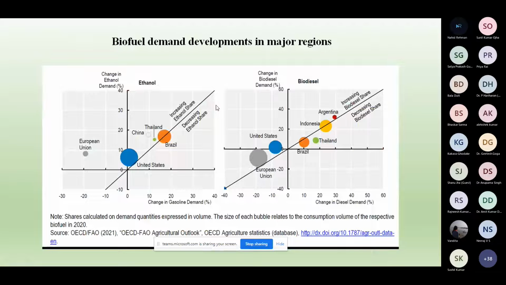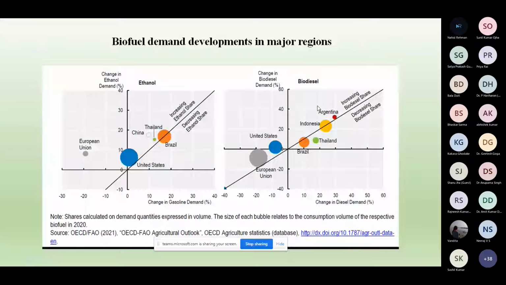This plot is very interesting to see: what is the biofuel demand development in various regions? The upper one is showing the change in the ethanol demand, and this one is showing the change in the biodiesel demand.